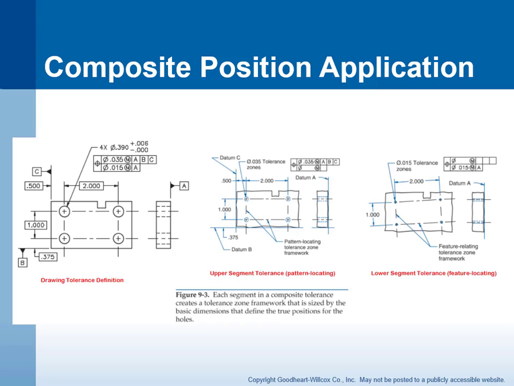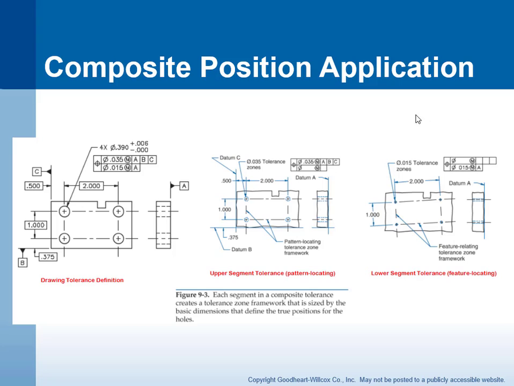Here is an example of a composite position application. We've got a prismatic part here. We have a composite feature control frame. The pattern locating tolerance zone framework is listed up right here. This is the 35 thousandths at MMC to A, B, and C. A being the lower surface of the part, datum B being this edge of the part, and datum C being this edge of the part.